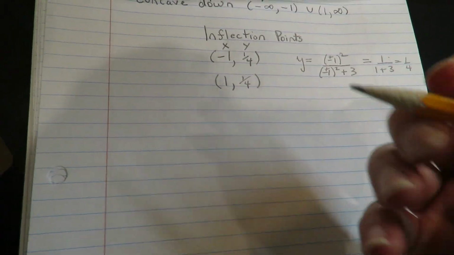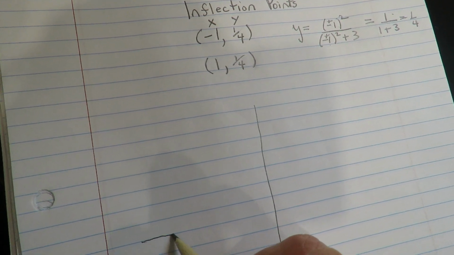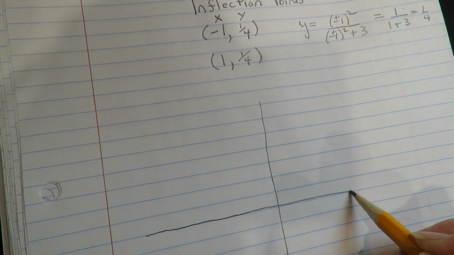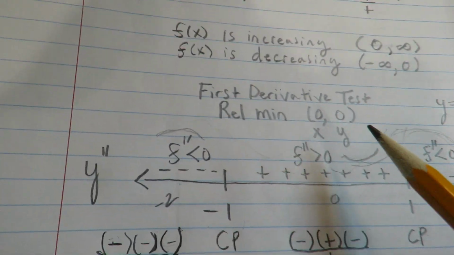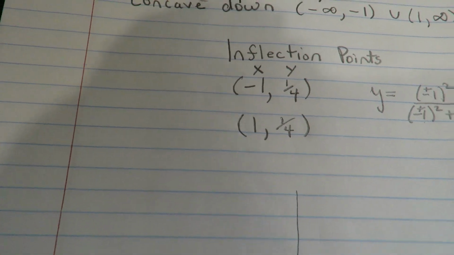All right, gang, so now you have to put all the information together, because now you're going to draw the graph. As I'm drawing the graph, I have to scale it. I have to figure out how far zoomed in or zoomed out I am. Looking at the values of the relative minimum, which is 0, 0, or the inflection points, the y values are very small.